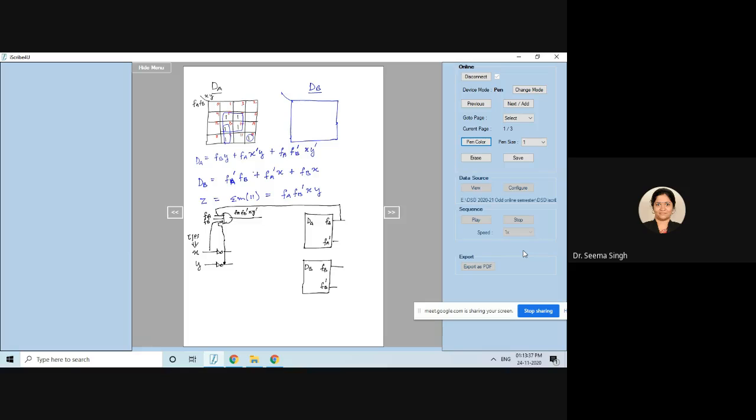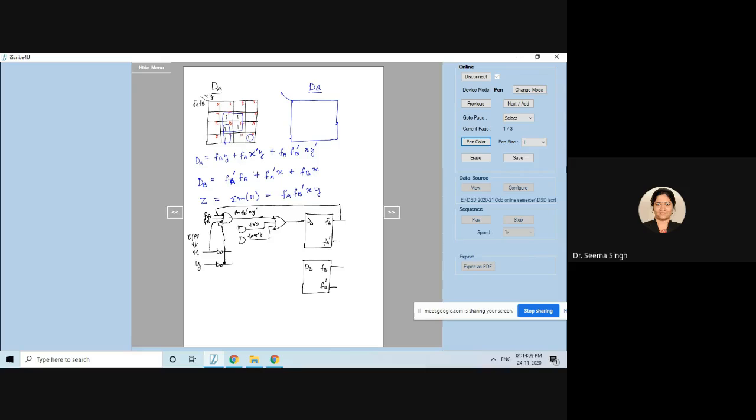And this, along with the other two inputs, FBY and another one which is FA X dash Y, all these will come into one OR gate, and that will become your DA.